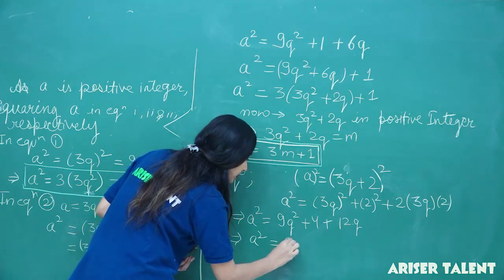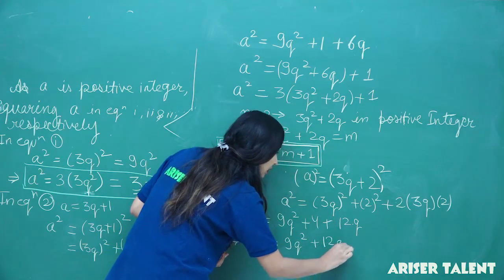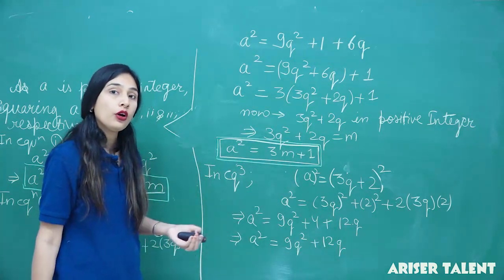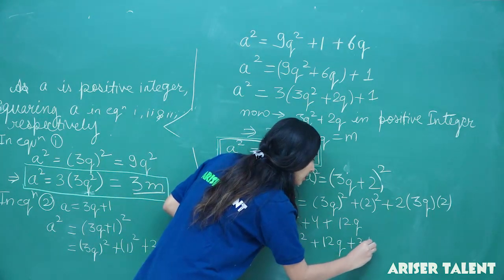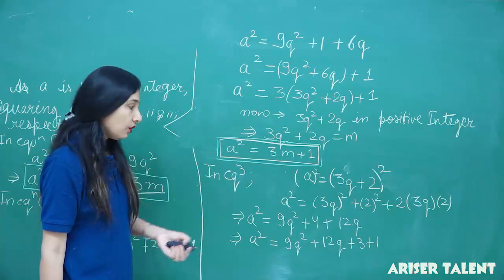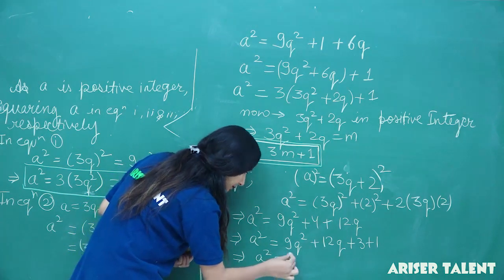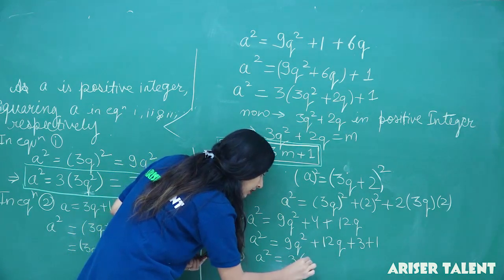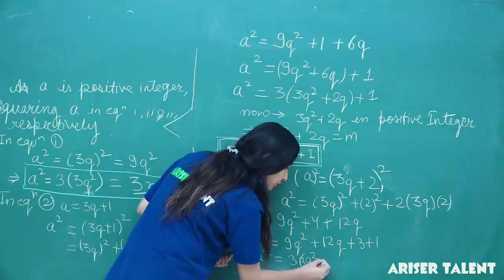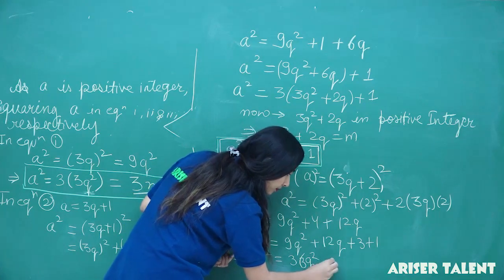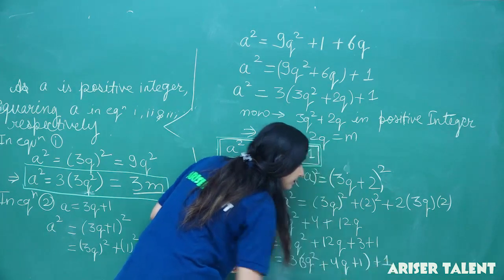Now I am rearranging this. a square is 9q square plus 12q. Now can I write 4 equals 3 plus 1? So plus 3 plus 1. Why? Because in the next step a square will become 3 multiplied by, taking 3 common, 3q square plus 4q plus 1, plus 1.